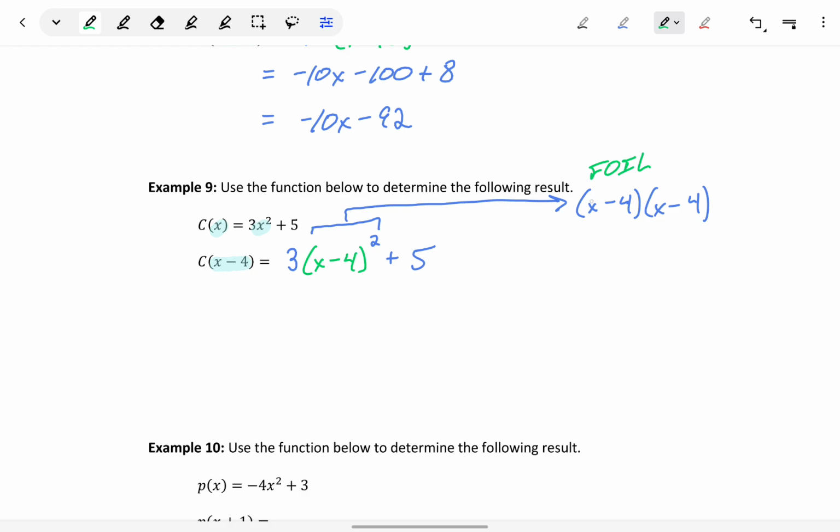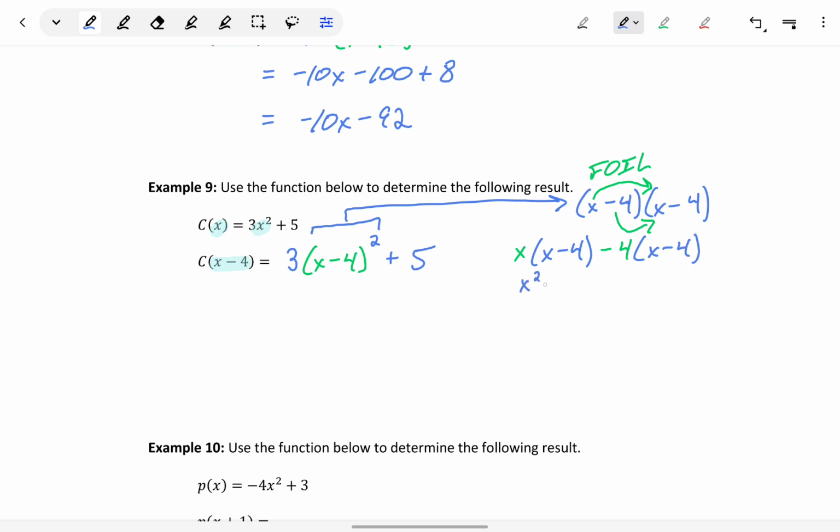If not, what I'm going to tell you to do is think about taking the first value in this first expression and distribute that through the entire second expression, and then take the second value in this first expression and distribute that through this second expression. Meaning we're going to rewrite this as x, that first value, times x minus 4, that second expression, minus 4, the second value in that first expression, times that second expression.